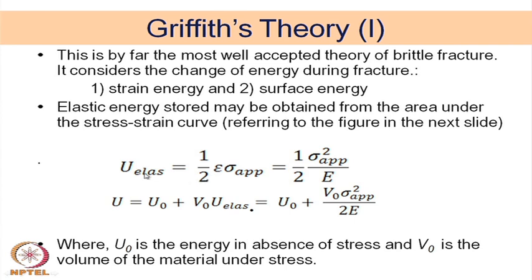So, this is the elastic energy, and if you replace the strain epsilon by sigma applied by E, where E is the Young's modulus once again, that is the slope of that curve, you have half sigma applied square by E.